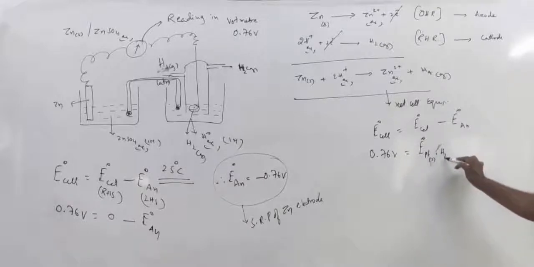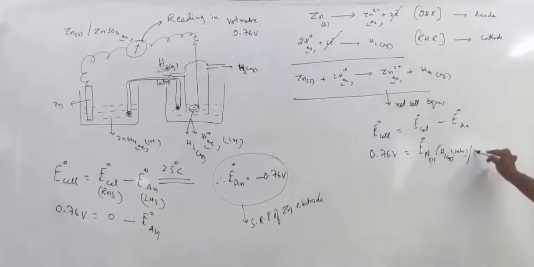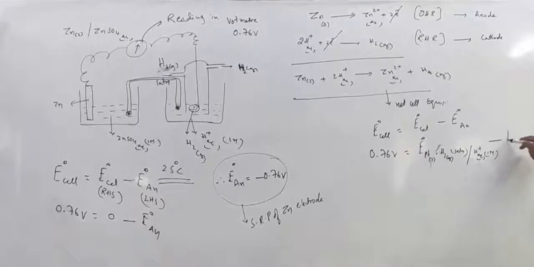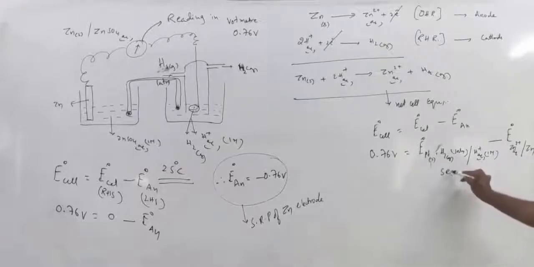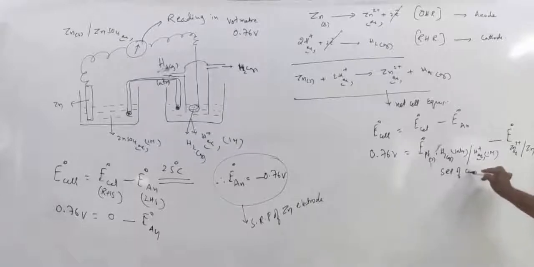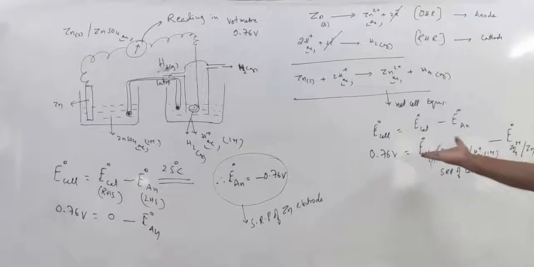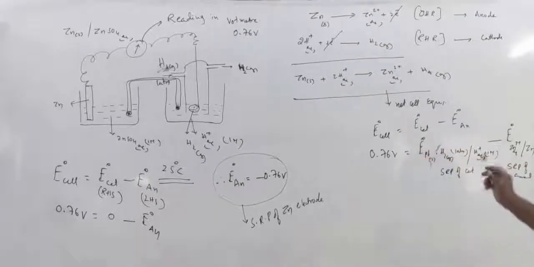solid, hydrogen gas, 1 atmosphere pressure, in contact with H plus ions of solution of 1 molar, minus E naught of Zn2 plus aqueous to Zn. So this is the SRP of cathode, this is the SRP of anode. So the difference in electrode potentials of cathode and anode is nothing but 0.76 volts, right?